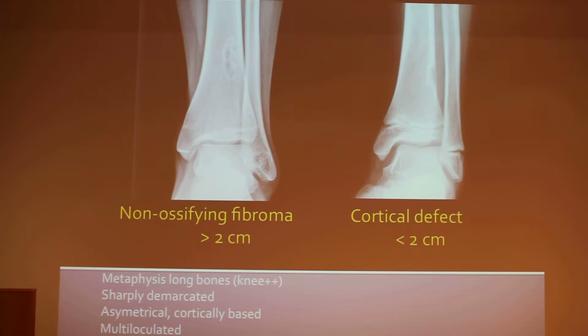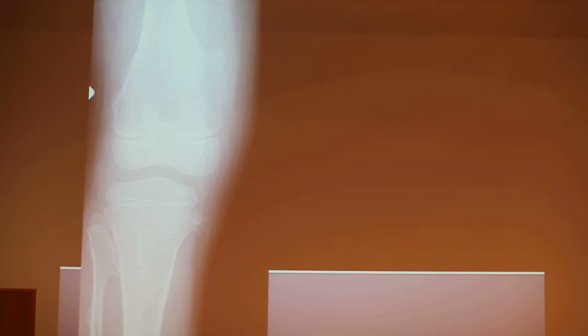So let's move on to another don't-touch lesion. Here is another example. You can see a metaphyseal lesion that grows away from the metaphysis, oriented along the long axis of the bone. The main clue here is that you have a continuity of the cortex to the lesion and also a continuity of the trabeculae going through the lesion.